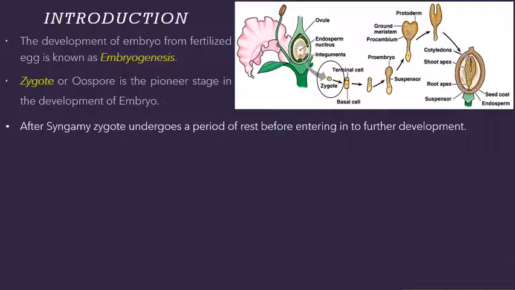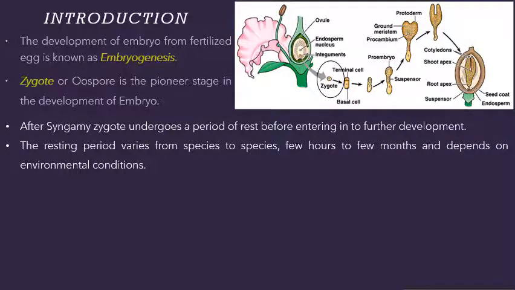This zygote, which is seen in this picture, after syngamy undergoes a period of rest before entering into further development. The resting period varies from species to species, from a few hours to a few months, and depends on the environmental conditions.